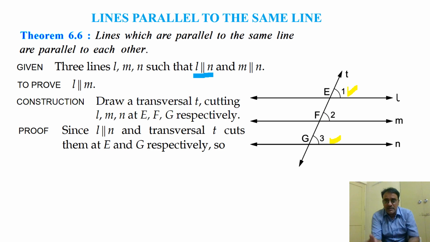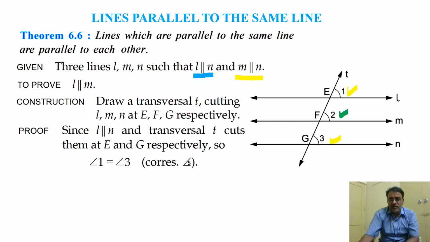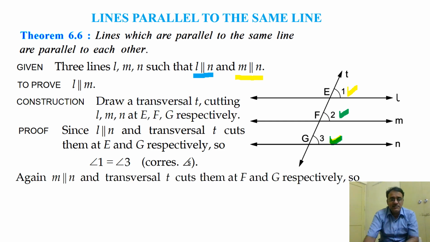So प्रूफ के लिए सबसे पहले L is parallel to N, so angle 1 is equals to angle 3 by corresponding angle. दूसरा दिया हुआ है M is parallel to N. So M और N का corresponding angle ये दोनों होगा, angle 2, angle 3, right? So angle 2 is equals to angle 3 corresponding angles.